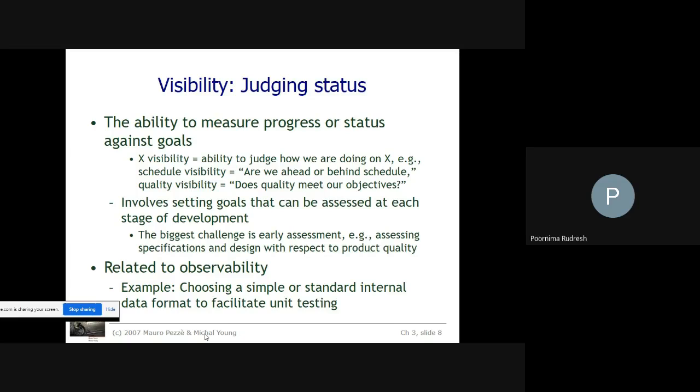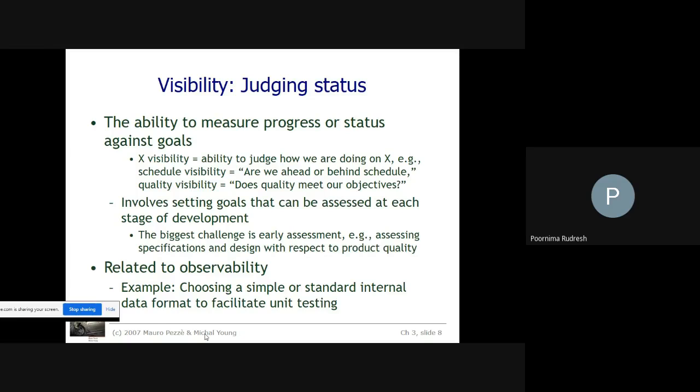And quality visibility means you are checking the quality: does the quality meet our objectives? The objectives or the goals are given, and you have designed or developed the system, then you are comparing the quality of that system with the specified objectives or goals.